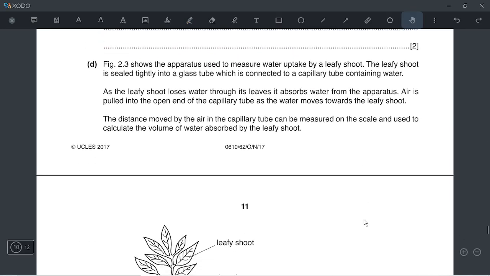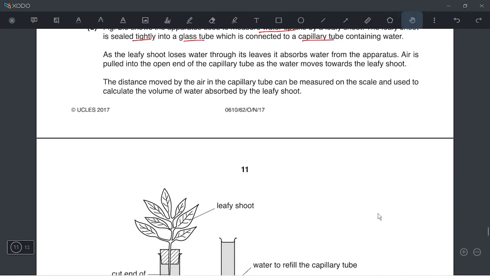Okay, D part. Figure 2.3 shows the apparatus used to measure water uptake by a leafy shoot. The leafy shoot is sealed tightly into a glass tube which is connected to a capillary tube containing water. A leafy shoot loses water through its leaves and absorbs water from the apparatus.